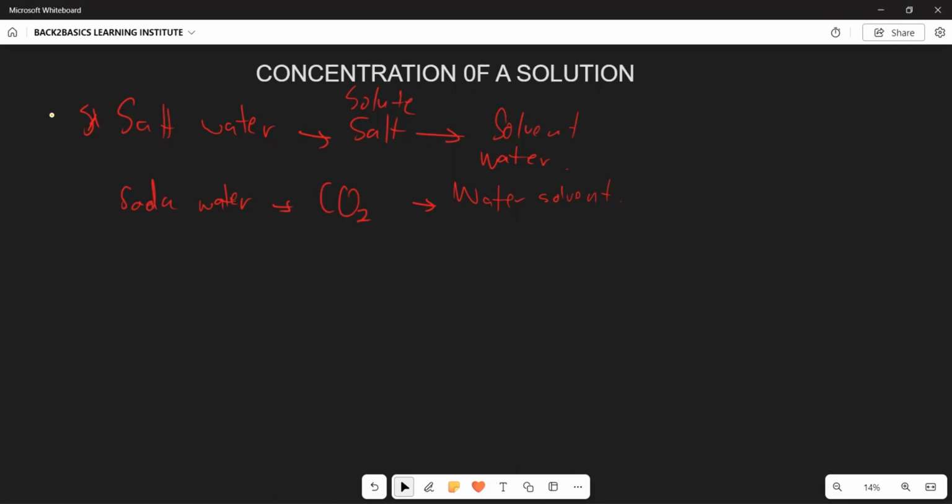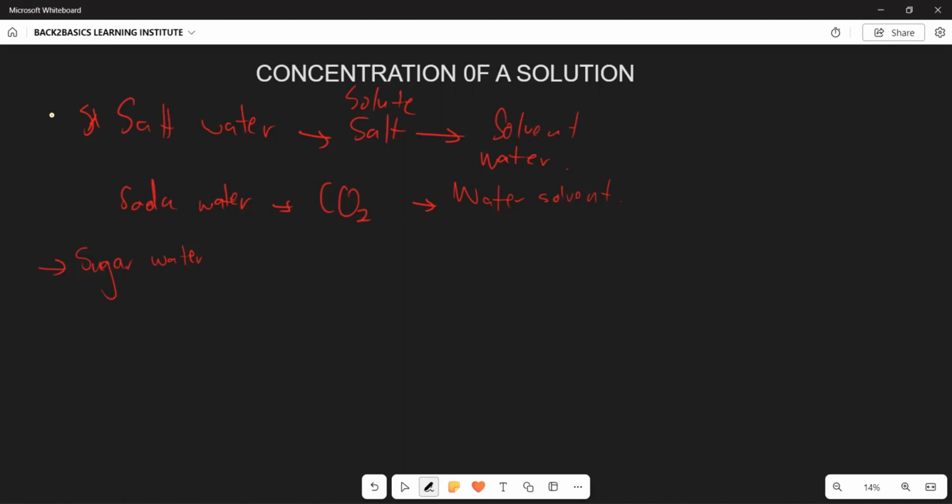Now, let's come to concentration. If a soluble substance is dissolved in a solvent, a homogeneous mixture or solution is going to be obtained. For example, let's take sugar water, which others call starch water.